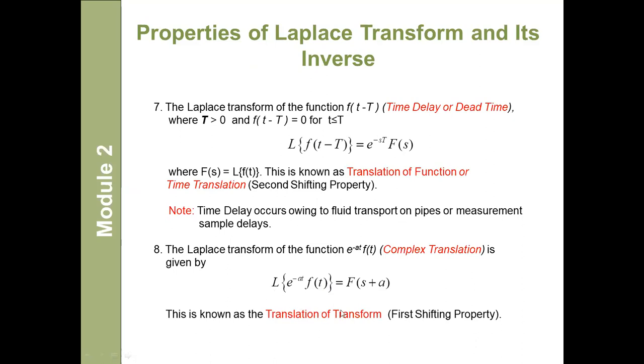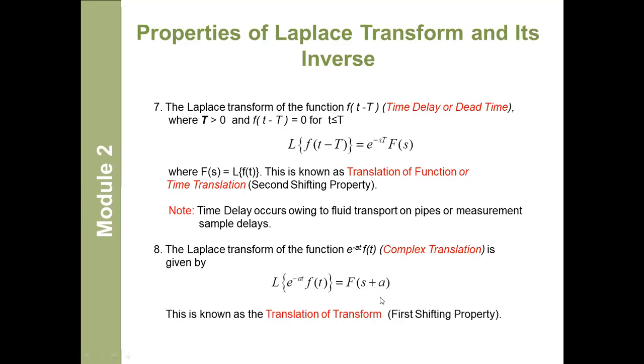So what happens is all the s in the function of s resulting from the Laplace of the original function will be shifted by subtracting from it the a. So the a that appears here in the argument of your exponential function. So s minus a, so that would be s plus a.